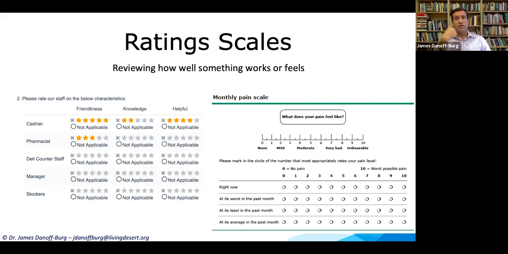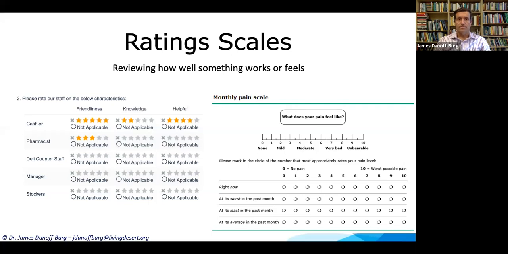Or a very strong smiley face would be a 10, or the highest level of I most strongly agree, right? So it's possible to do rating scales with explanations, as in the monthly pain scale on the screen, with no explanations, but just stars, because those have become a pretty commonly understood rating scale, especially for younger people. Or you could do it also with smiley faces on the screen.